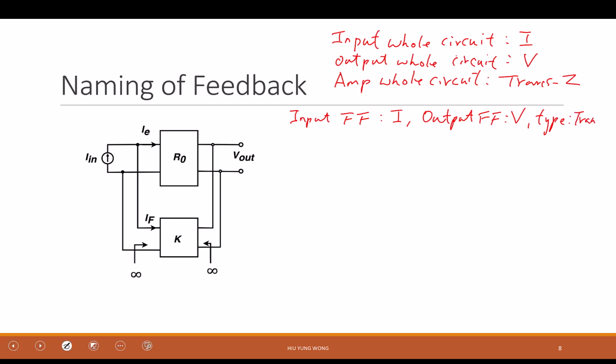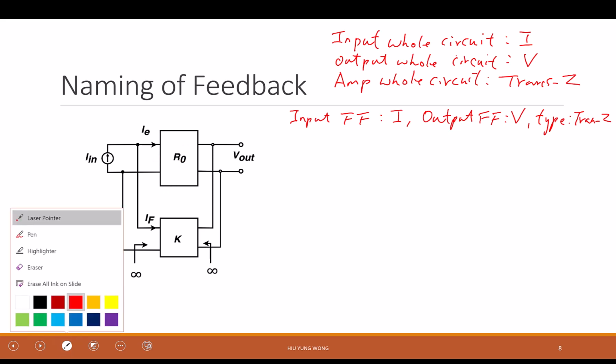So you see that the type of amplifier is still the same as the open loop one, which makes sense. I make a very powerful amplifier, I add a feedback to it, I still want my amplifier to behave as the original intention, right? Because I create R0, I want to make a transimpedance amplifier. If you hook up a feedback and this becomes a transconductance amplifier, then it defeats the purpose, right?